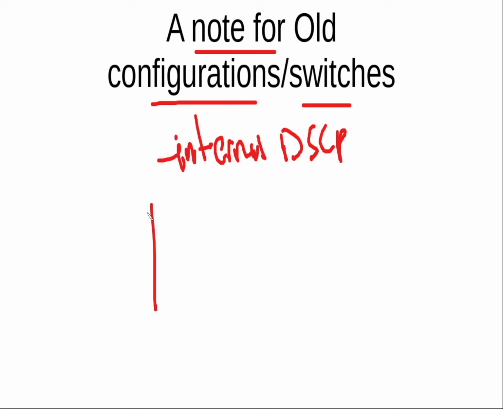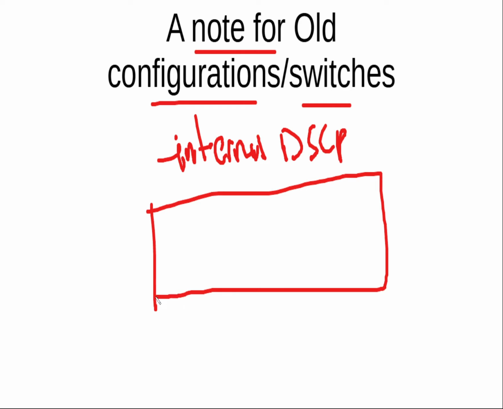So when traffic arrives into your switch, Cisco is actually going to figure out an internal DSCP value for every single packet or frame that arrives into your switch in order to do many quality of service processing.